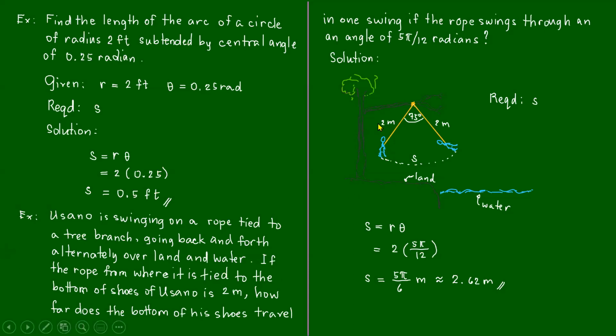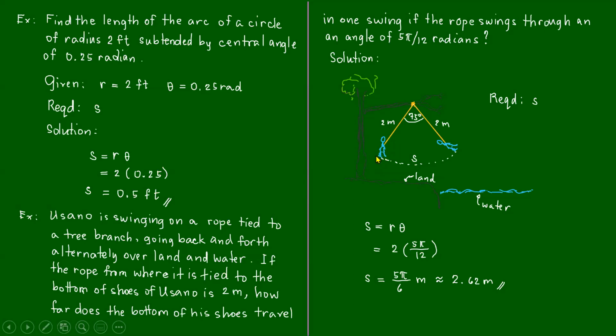We have a tree, and this is the branch of the tree where the rope is tied. Let's say initially it's here. The length from this point to the bottom of the shoe is 2 meters, the length of the rope going to the bottom of the shoe.